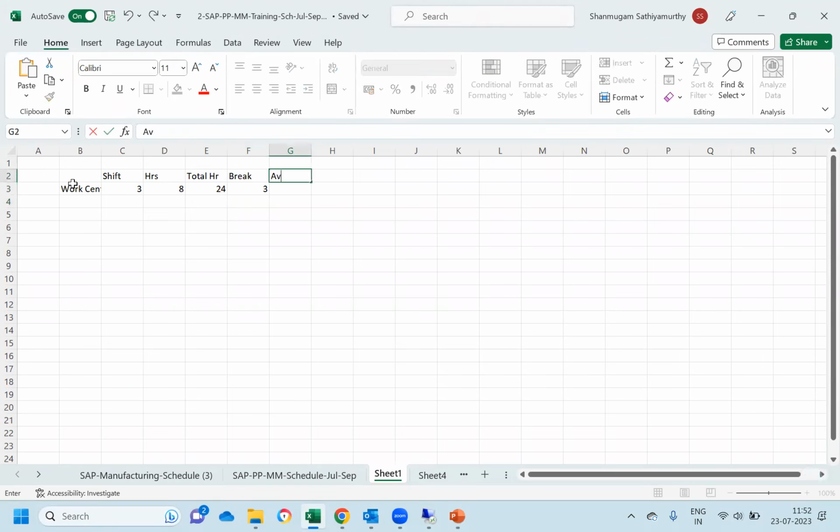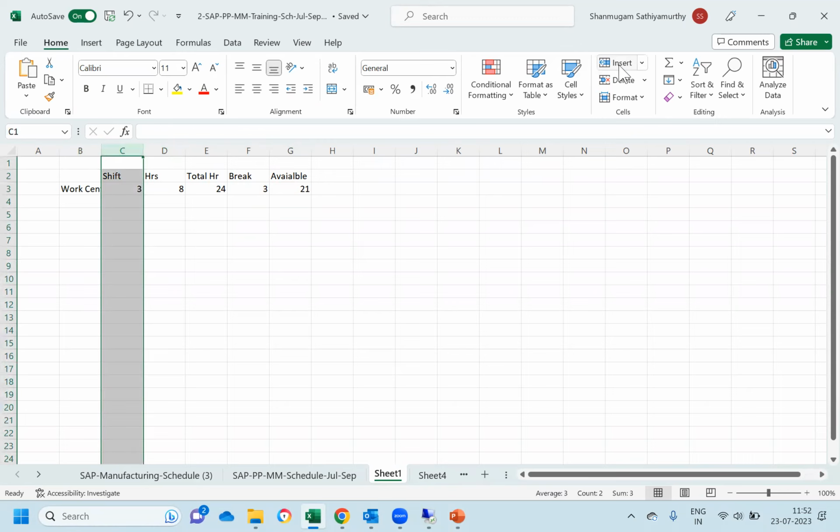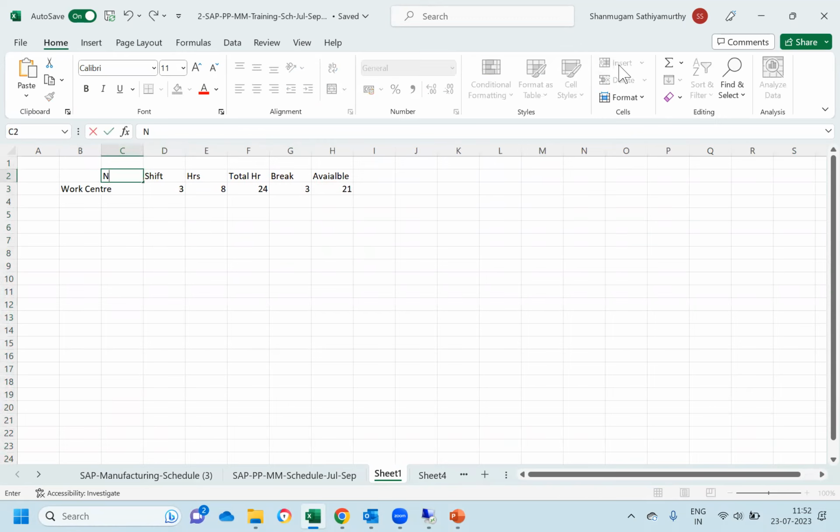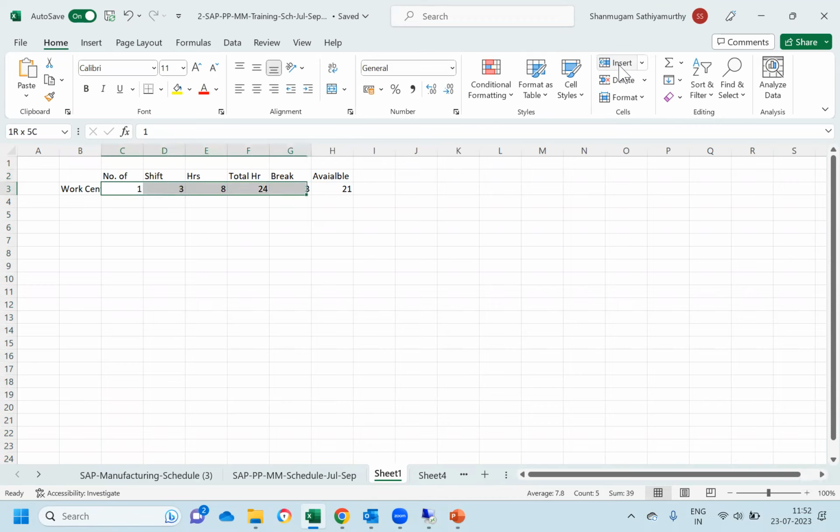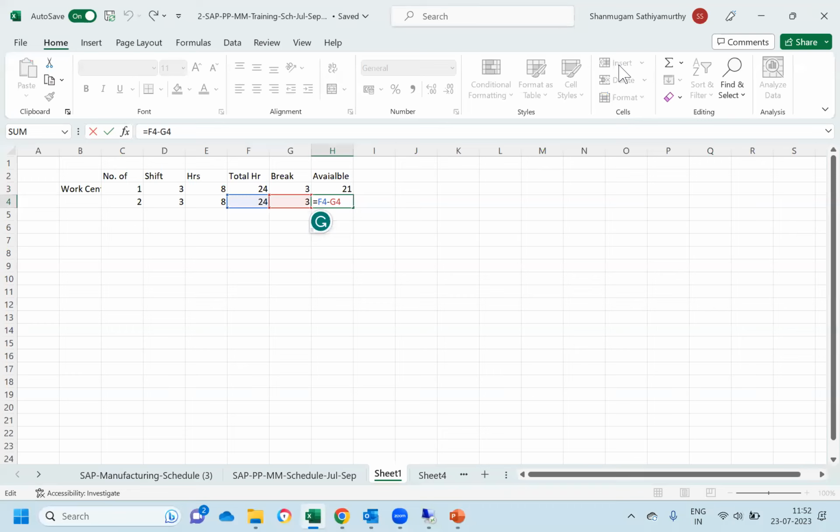This means available hours is 24 minus 3, 21 hours only. This is for one work center. But if I have two work centers for this machine, what will happen? Then it will be this into 2.